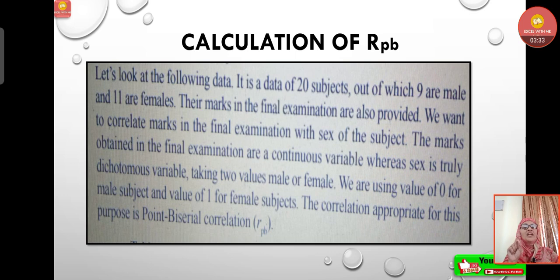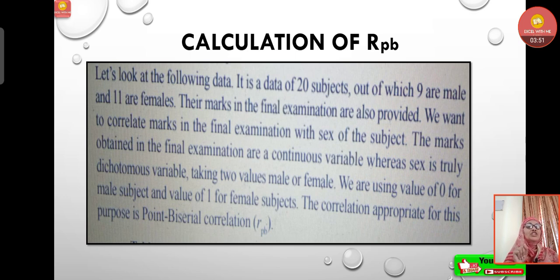The marks obtained in the final examination are a continuous variable, whereas sex is a truly dichotomous variable, that means male, female, taking two values. We are using a value of 0 for male subjects and a value of 1 for female subjects.